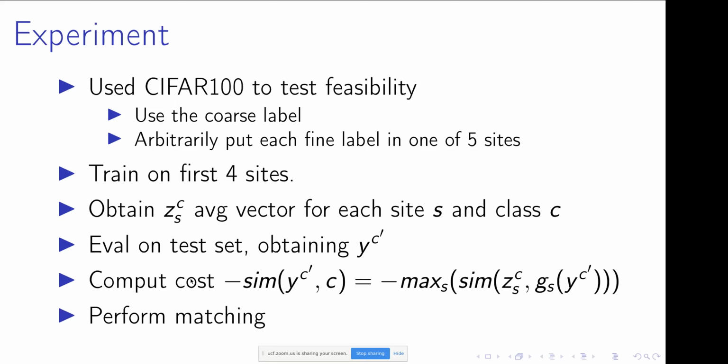And so once we have this cost, which is minus the similarity, we're saying how similar this unknown class is with each known class. Once we have the similarity, we can take minus that to get the cost. And if you have a cost matrix, you can perform a matching using some standard algorithm, the Hungarian algorithm, whatever one you want to use.